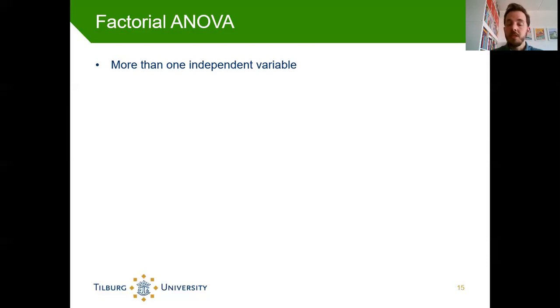But in many cases, you will have more than one independent variable. So another name for an independent variable we saw last week is a predictor. But yet another name for an independent variable is a factor. And that's why if you have more than one independent variable, this is often called a factorial ANOVA. So before we just had one, for instance, socioeconomic status, but in some cases, perhaps you have two.